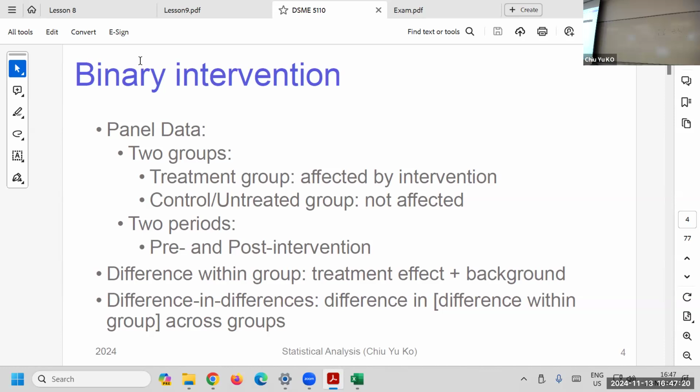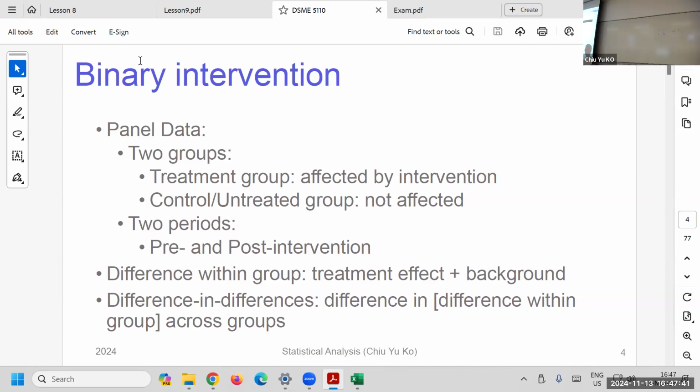But the fact is, between before and after the time difference, the economy may be going very well. So you have to take away this macroeconomic effect, or the age effect.